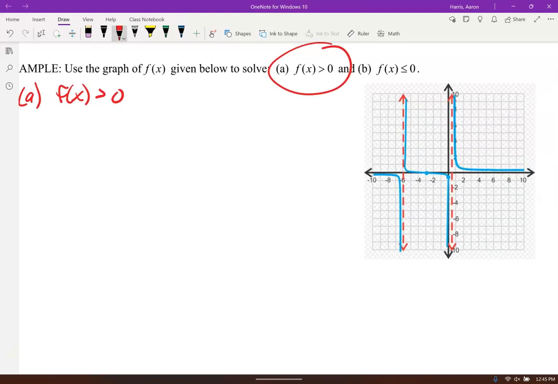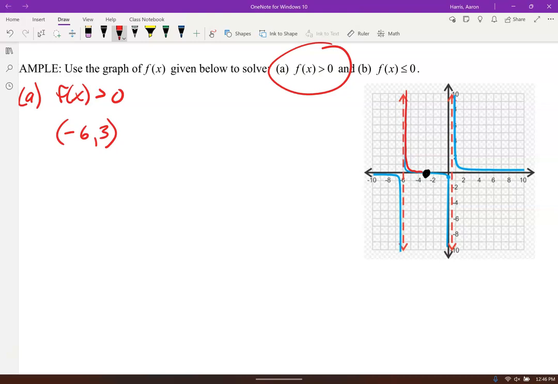So I can see on the graph here in blue, I'm above it until I hit right here at negative 3, and I actually hit it right there. From negative 6, notice I have a vertical asymptote at negative 6, so I'll never touch negative 6. From negative 6 up until negative 3, but I can't touch negative 3.